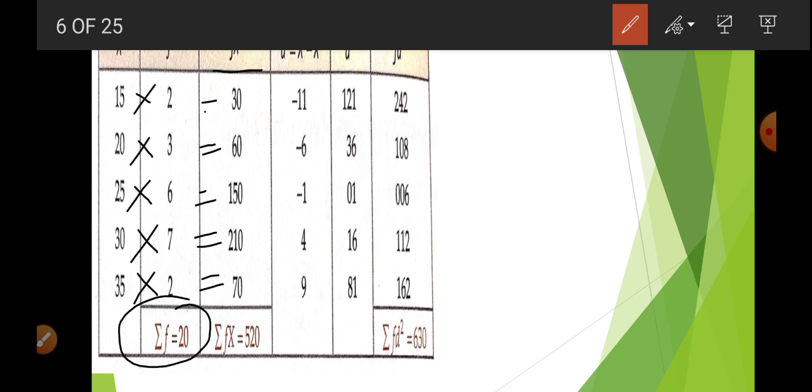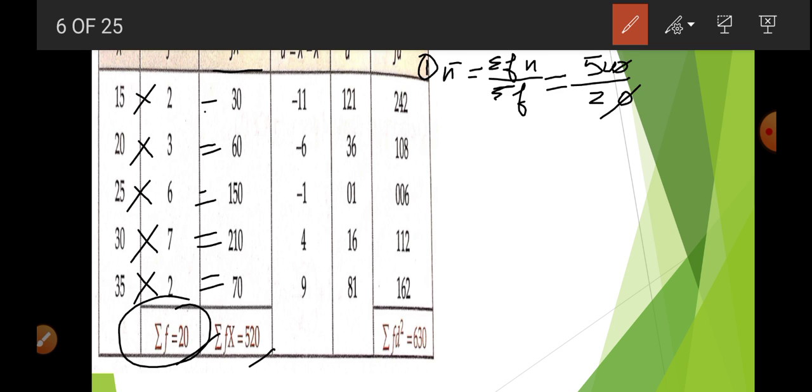Now the first thing that you are going to do is calculation of mean. So we will write here the equation. Mean is equal to sigma fx upon sigma f. So sigma f is 20 and sigma fx is 520. So 520 upon 20, the zeros cancel.